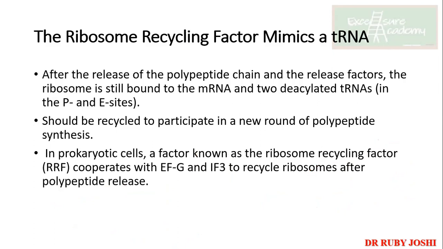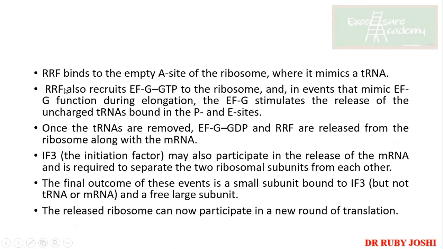Okay. So RRF, the ribosome recycling factor, goes and binds to the empty A site of the ribosome, where it mimics a tRNA. This recruits your EFG-GTP to the ribosome, and in that event it mimics EFG function during elongation. It stimulates the release of the uncharged tRNA bound on the P and E sites.